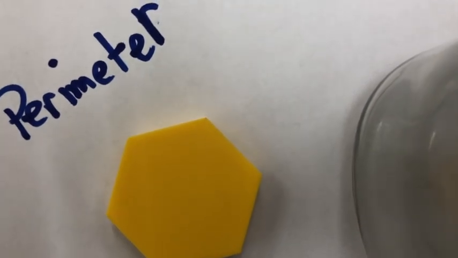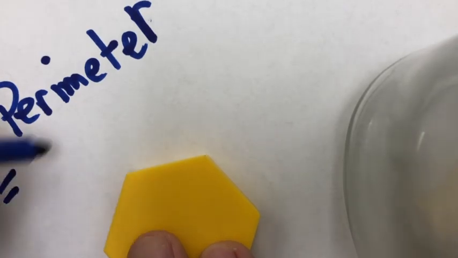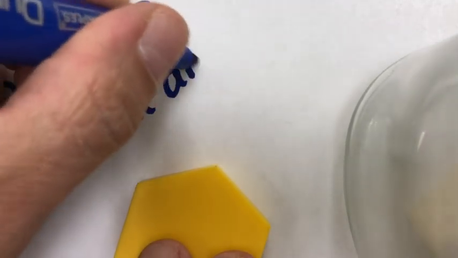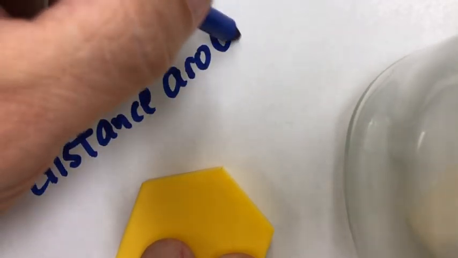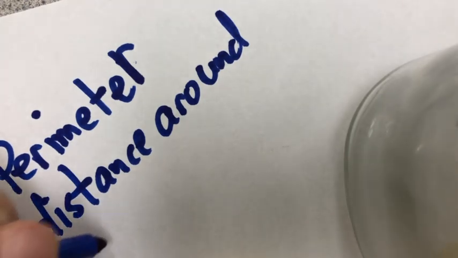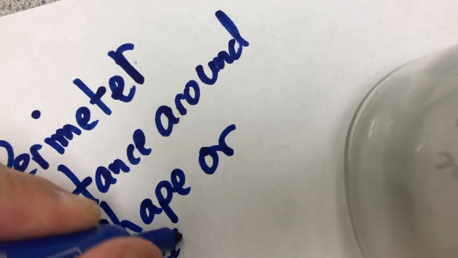The perimeter is actually the distance around a shape or an area, okay?